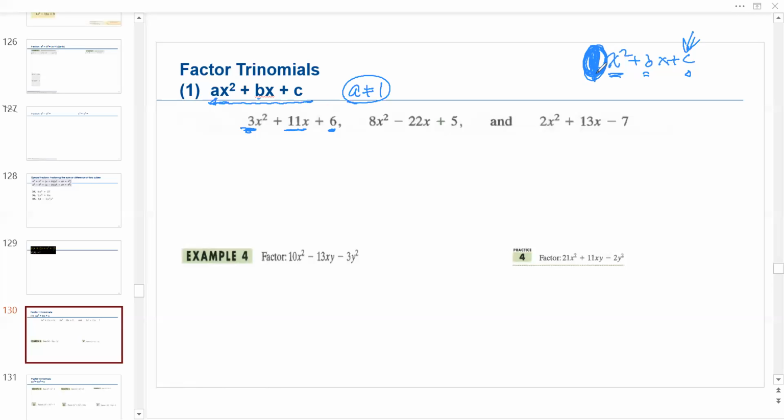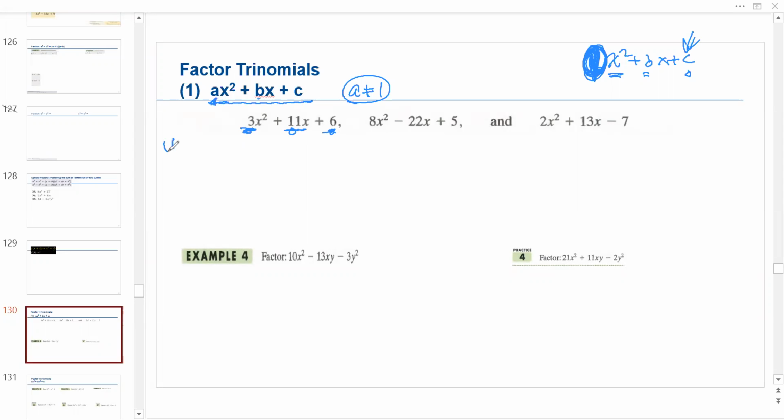All right. So what do we need to do? Listen carefully. My first step is to find out a, b, c. A is the coefficient of degree 2. B is the coefficient of degree 1. C is the constant number.